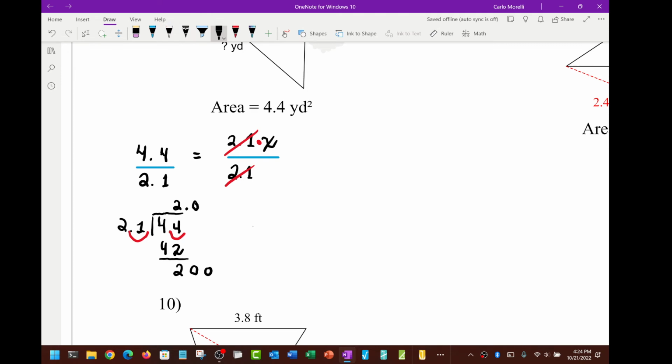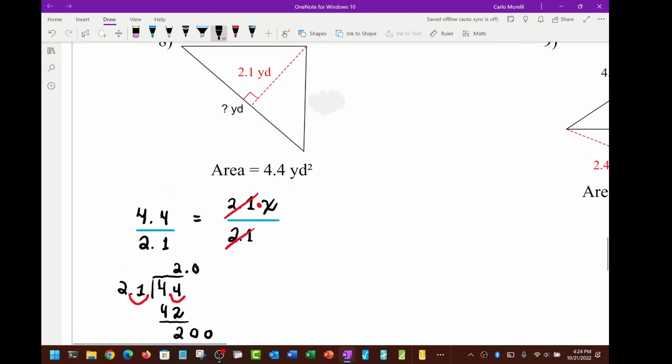So what I'm going to write is something greater than 5. All right, that's all that matters. And so we're going to round up the 0 to a 1. And so we're going to say that the base is approximately equal to 2.1.